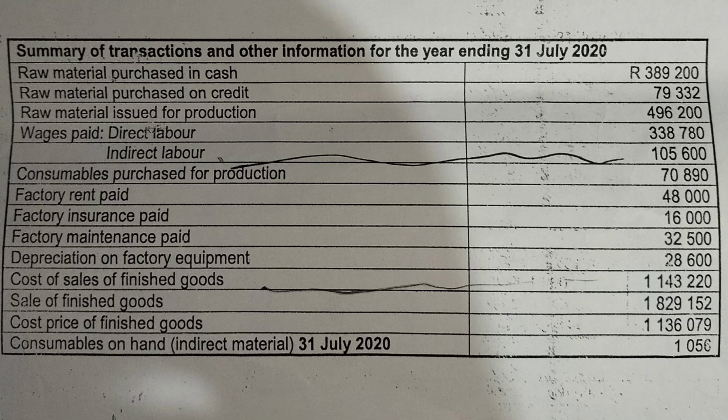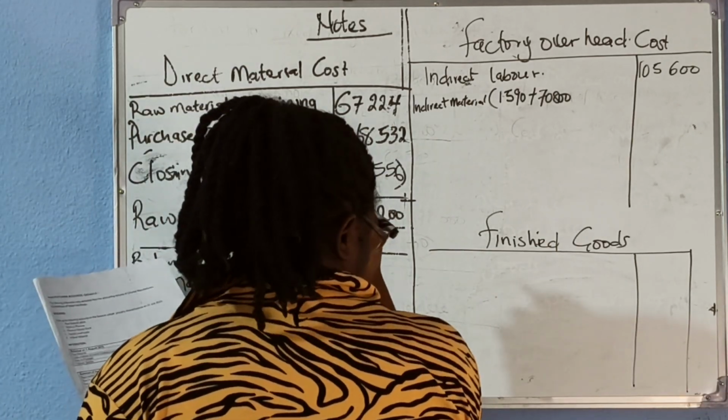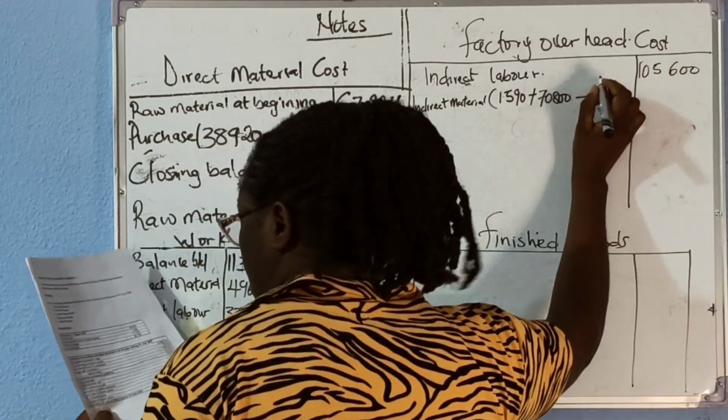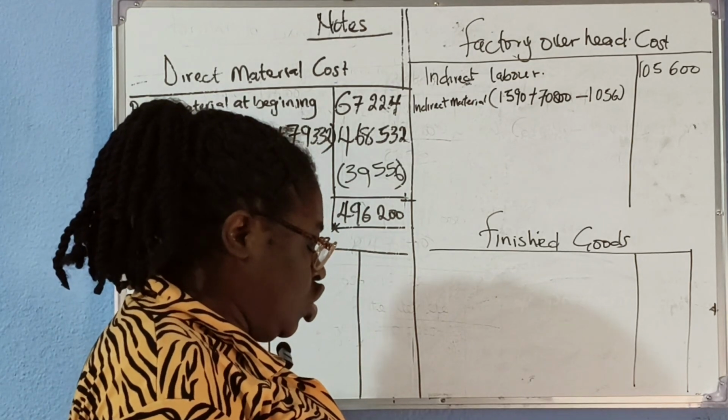Then I minus my closing balance for the indirect material, which is 1,056. Then I will get my indirect materials used.